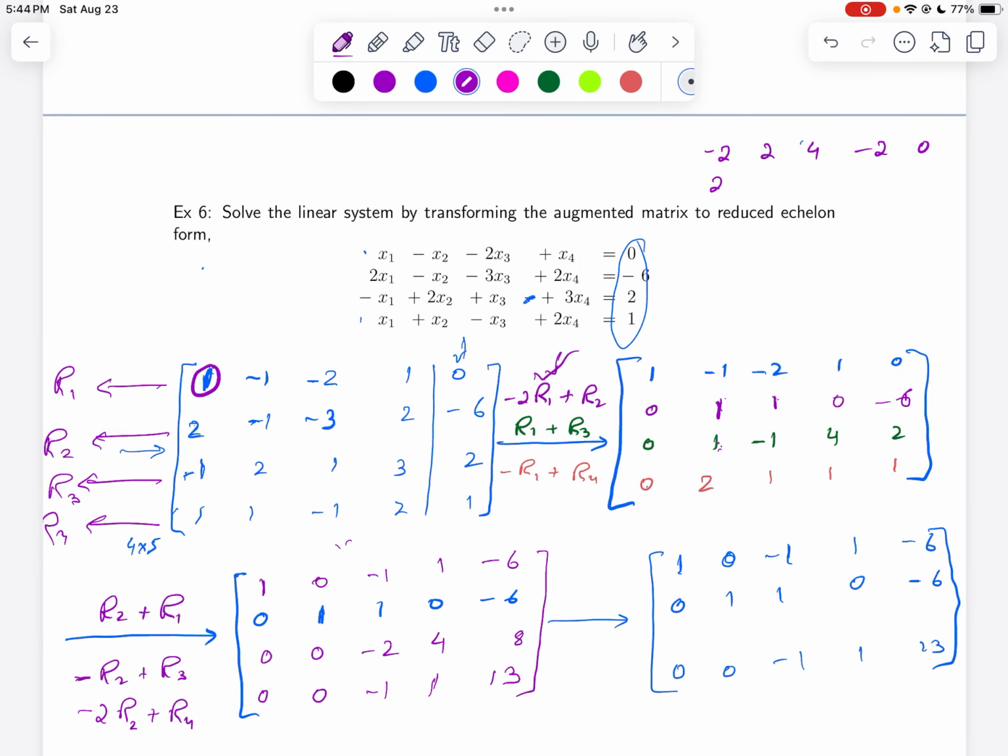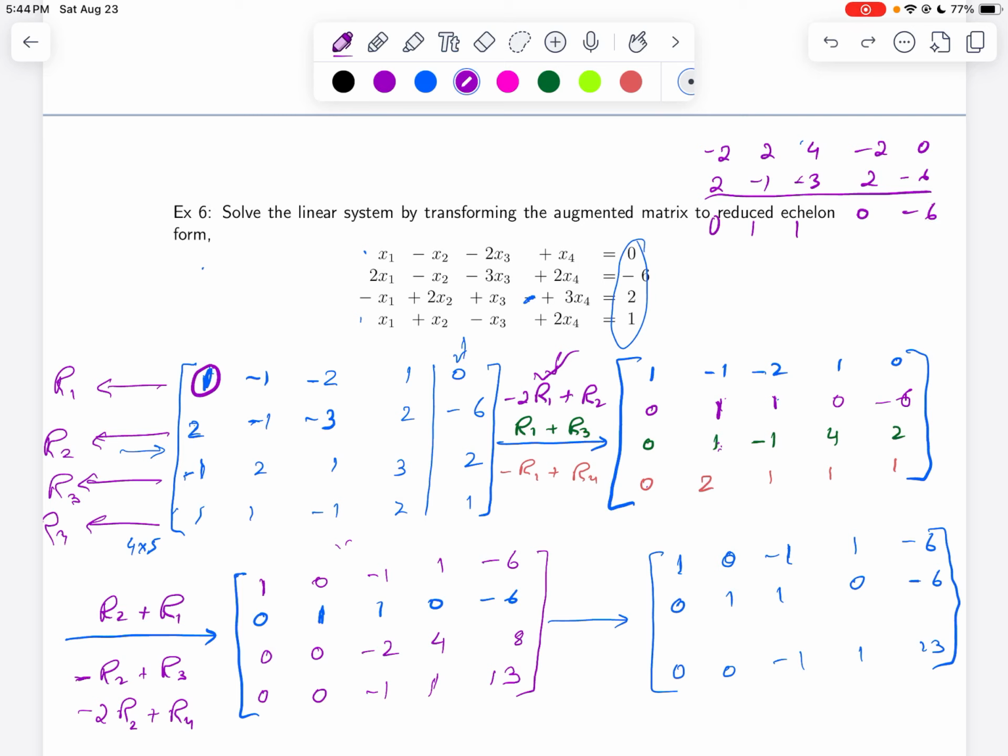So write the second row as it is below it, and then just add. So you get 0, 1, 1, 0, -6. So you bring it down and write it in the second row, which I have here in this matrix. So those are the same.